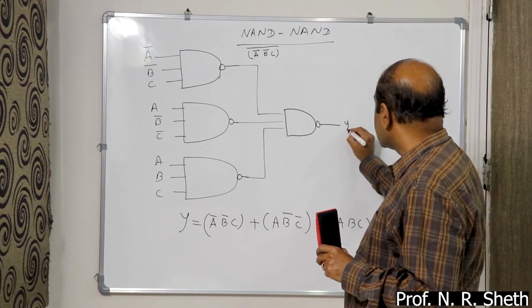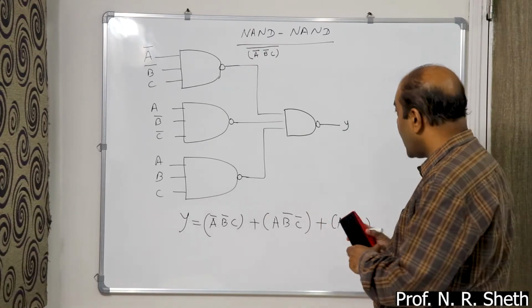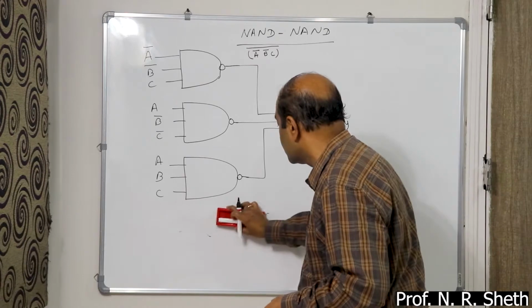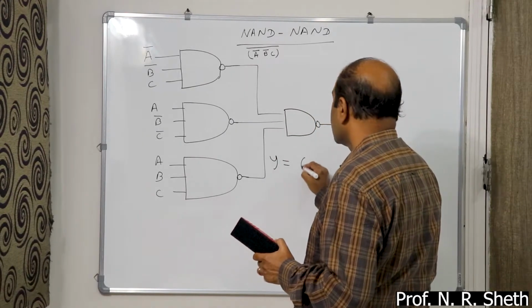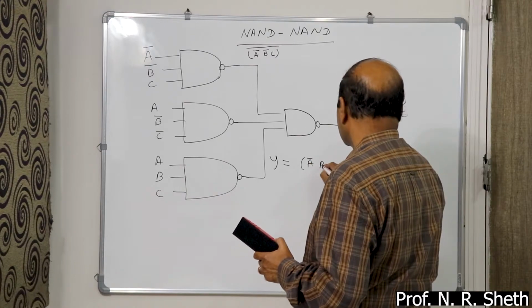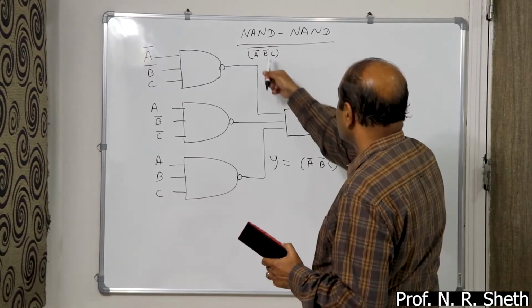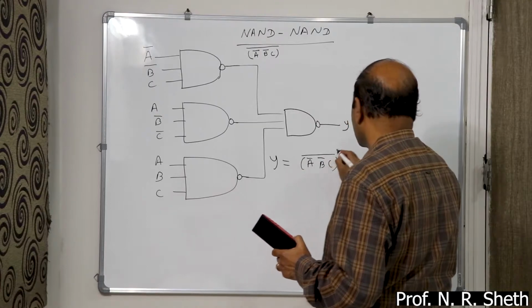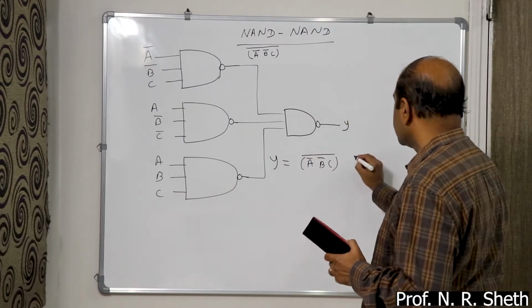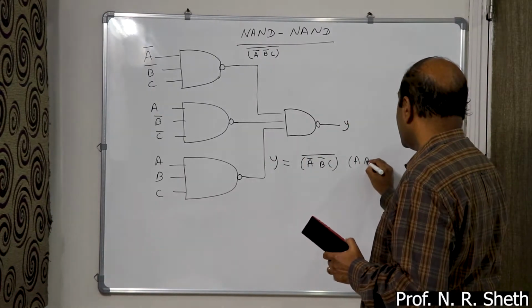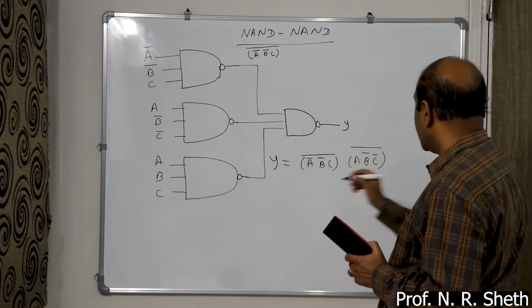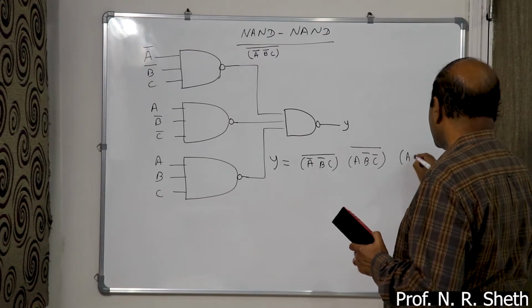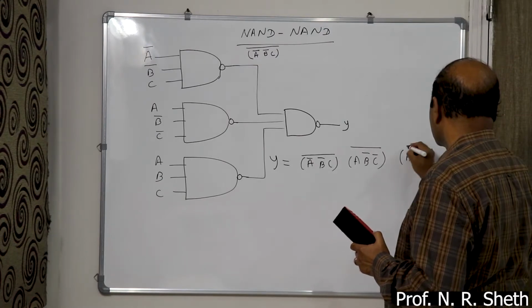So in this equation, finally y equals A bar, B bar, C whole over bar, this one A, B bar, C bar whole over bar, and this one A, B, C whole over bar.